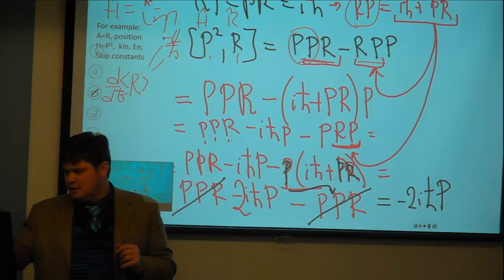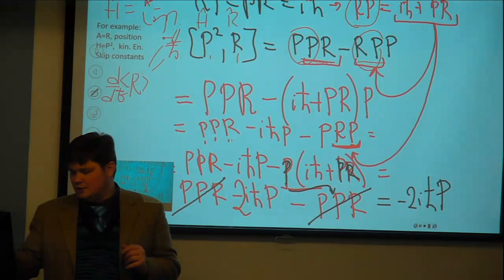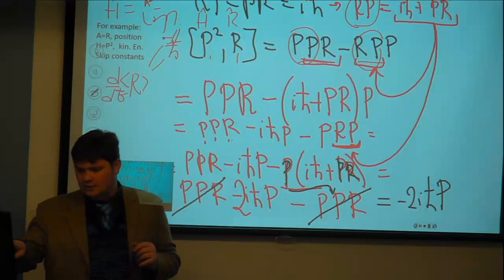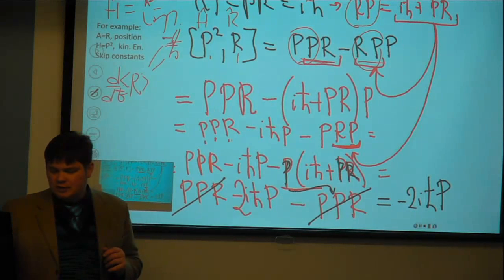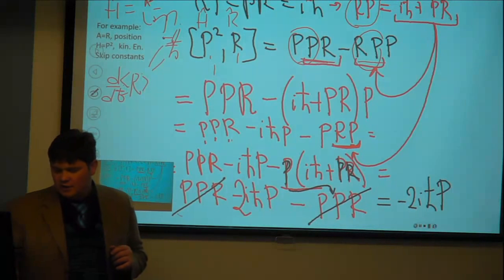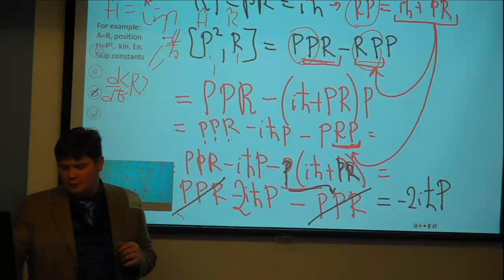So we are going to plug this in here and practice it once again and recast this line in such a way that we will have momentum and position in the same order in each term, wherever it is possible.